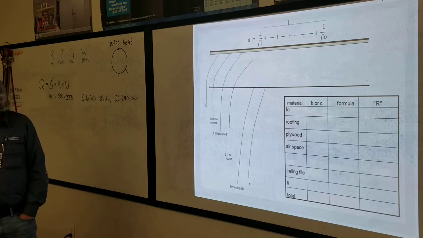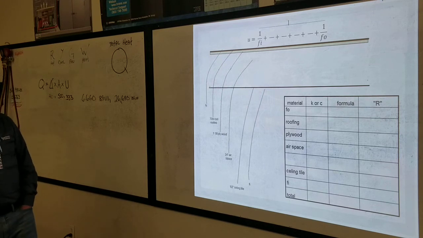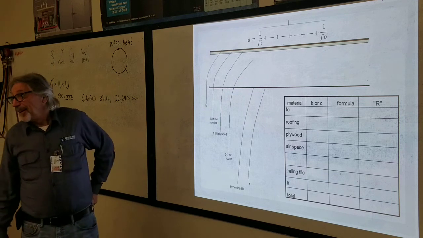How long are the walls? 10 by 50. 50 feet. You got 4 of them. You have the area already.